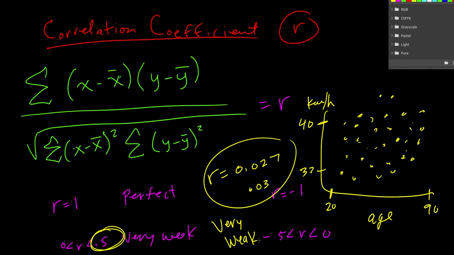Okay. So very weak, but it is positive. And we can see there is a little bit of a positive line going through that. It is going up a little bit, but it is very, very weak. So that's just visually looking at that and determining that.